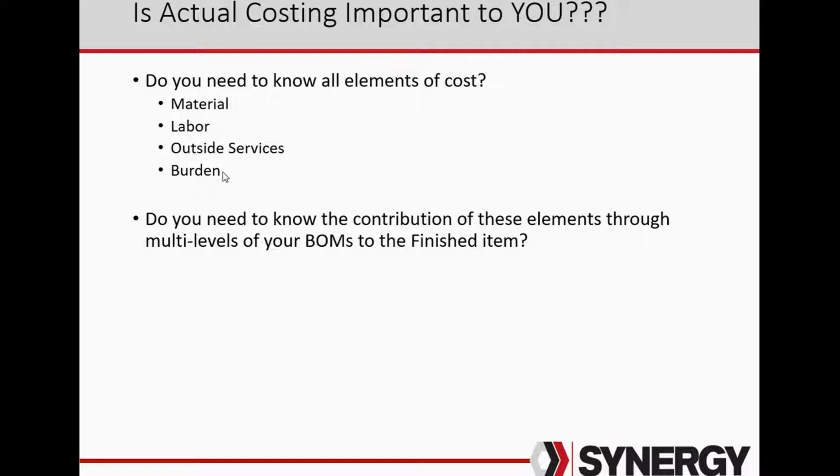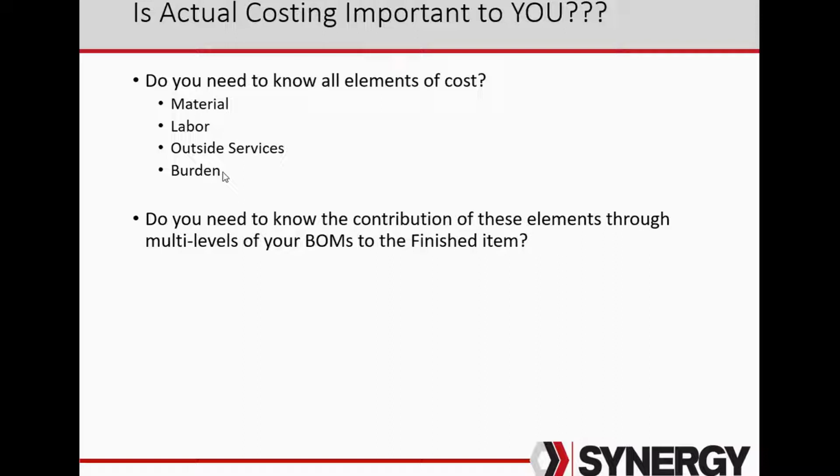I'm not talking about rolling that labor of a subassembly into material as it moves into the next finished item. If it's important for you to see these things, then I'd like it if you'd spend a little more time with me in a few minutes, and I'll show you how actual costing is done in Visual.